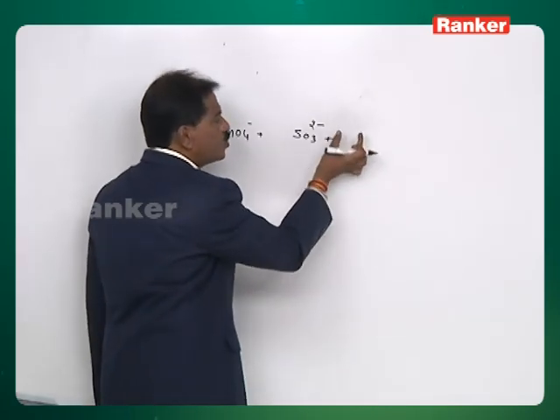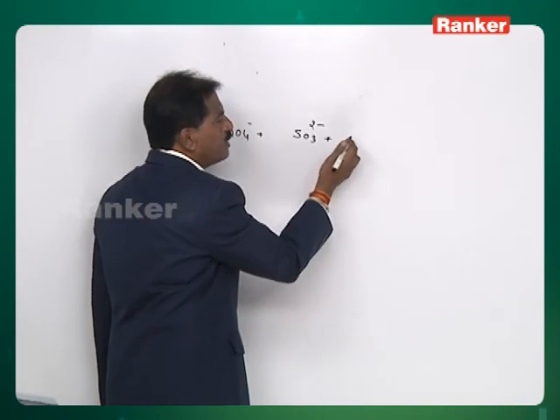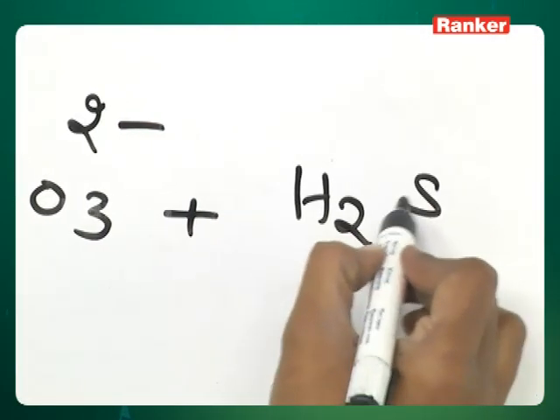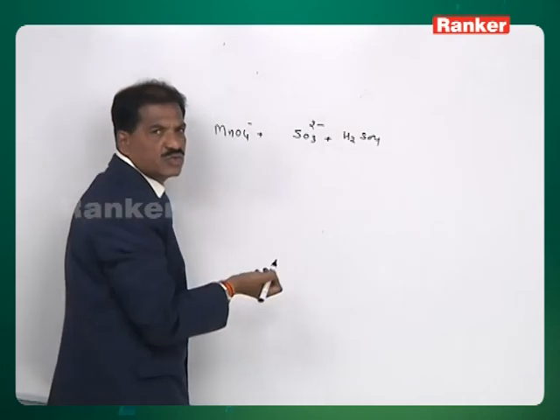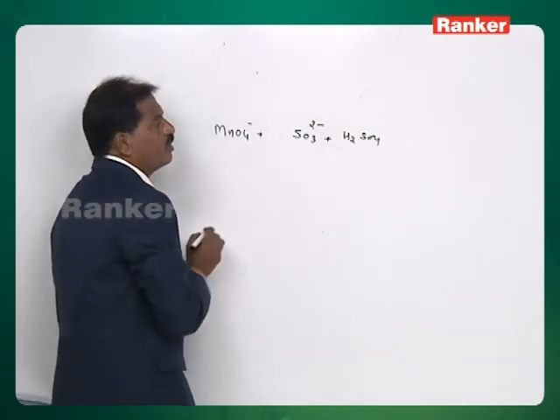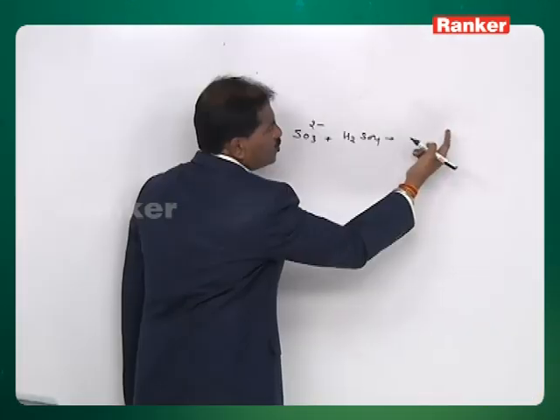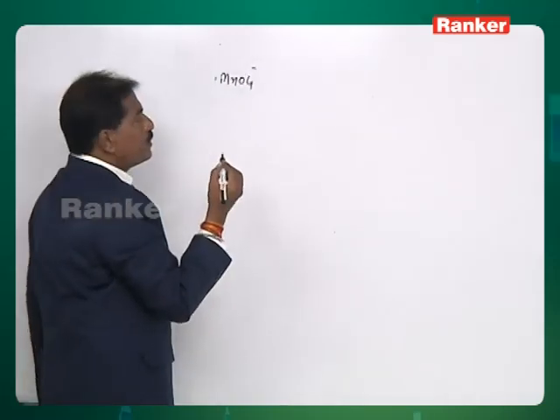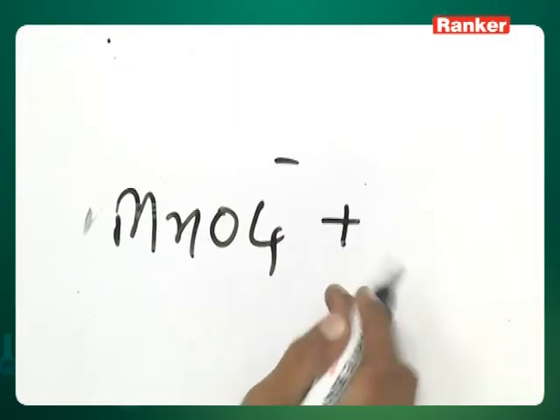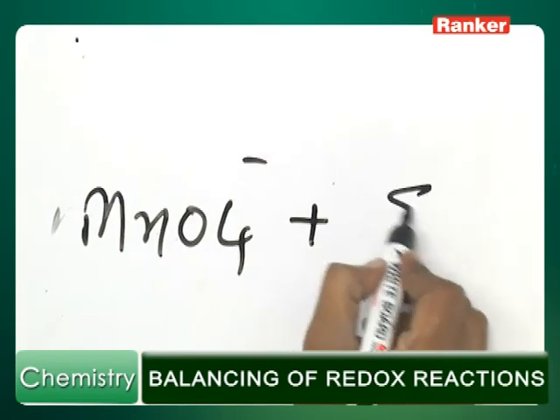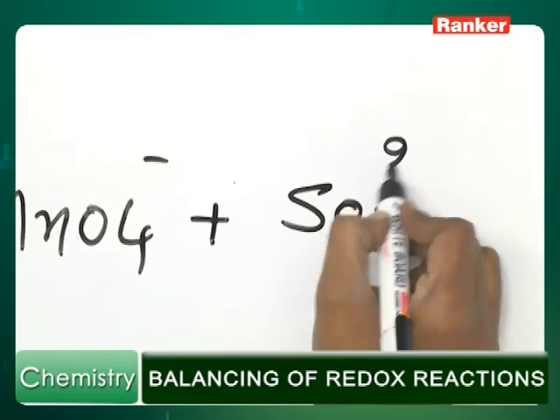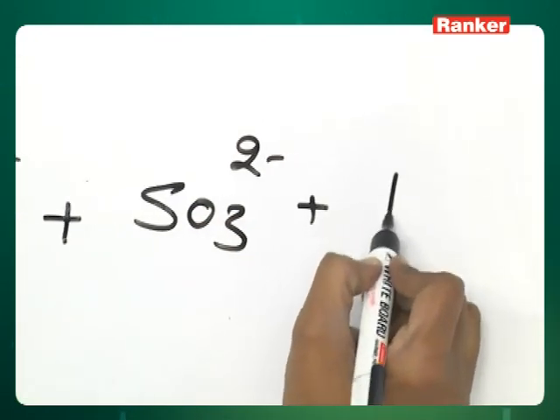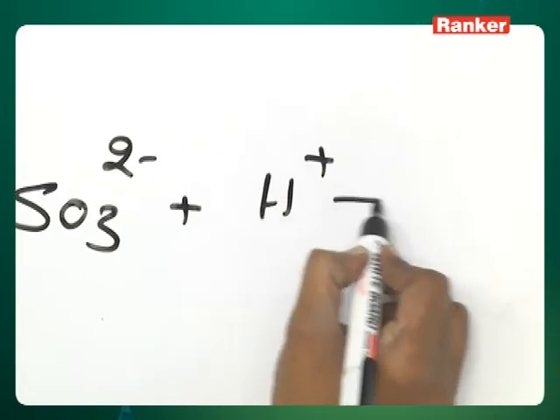This reaction can happen either in the acidic medium or in the alkaline medium. Therefore, in order to show the presence of the acid or alkali, just use any particular acid like H2SO4 or some other acid. Next, we have to show the products. Now, I am representing the redox reaction between MnO4- and SO3 2-. Now the reaction is taking place in the acidic medium.